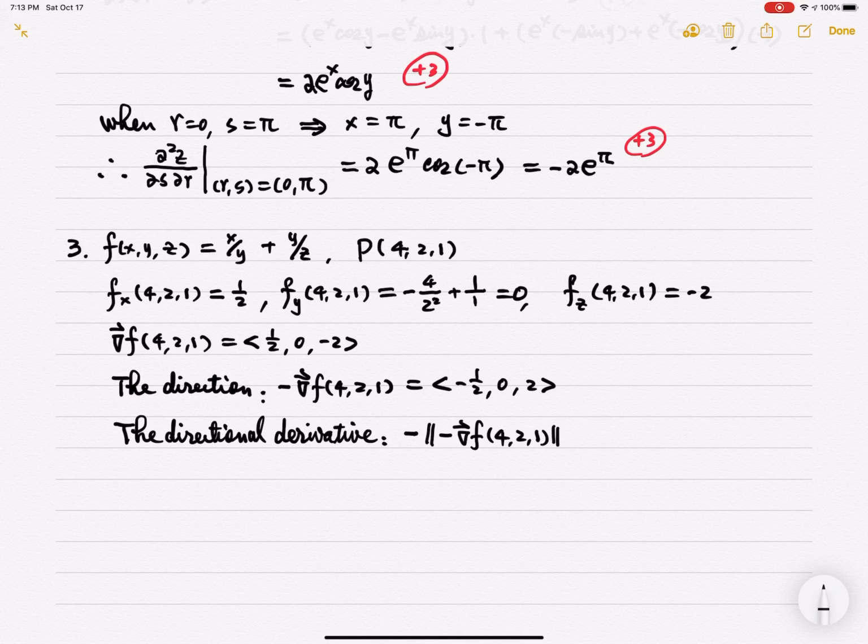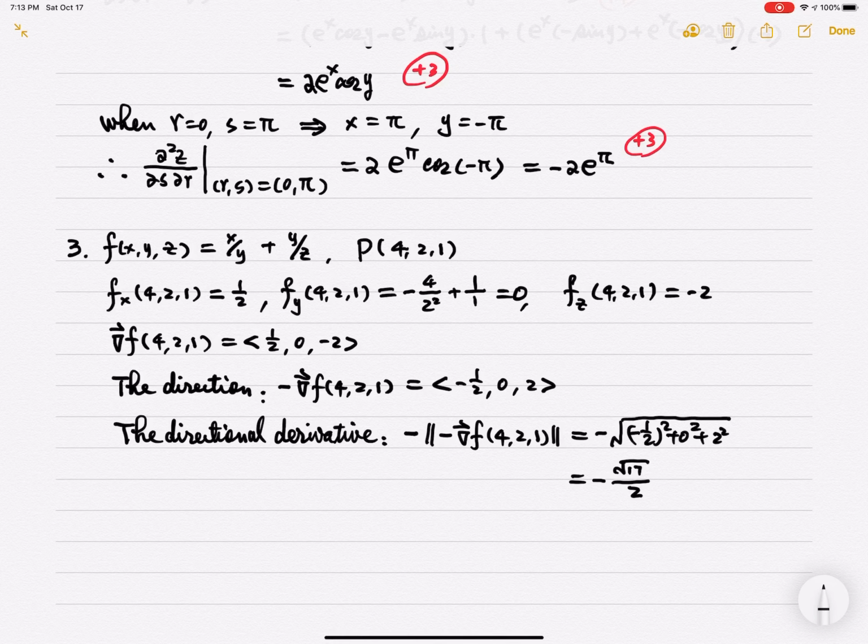Of course, this is equal to negative the square root of (negative 1/2) squared plus 0 squared plus 2 squared. 1/4 plus 4 is equal to 17/4. So that's equal to negative root 17 over 2.